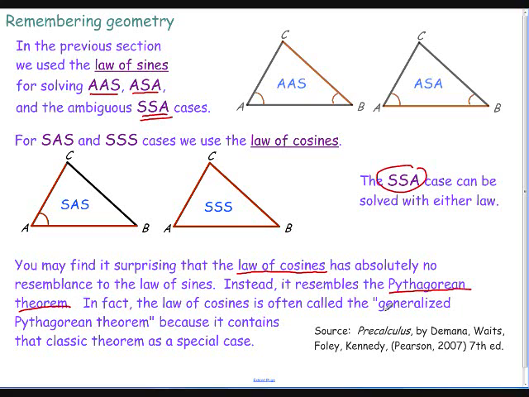It is often referred to as the generalized Pythagorean theorem. Why? Well, that means we can apply it to oblique triangles. The pure Pythagorean theorem only allows you to apply it to a right triangle. So we could generalize it to any triangle, and we would call that the law of cosines.